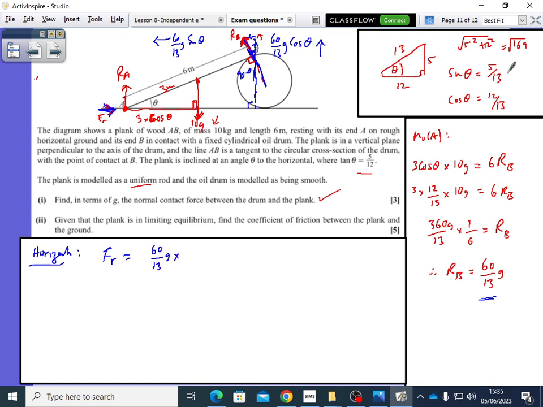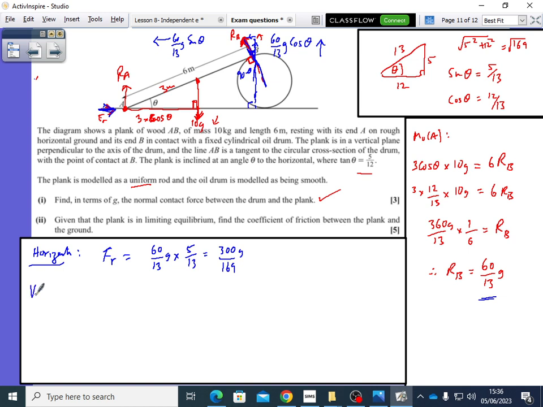Now I know that sine theta is 5 over 13. So if I multiply this, you'll get 300 g over 169. Okay, so that's the friction. They were horizontally balanced.